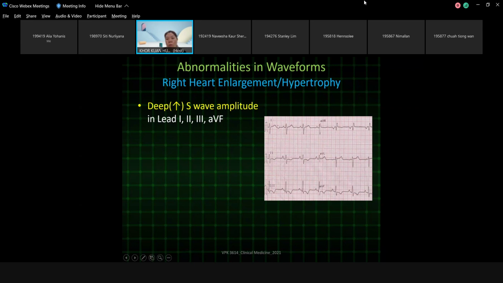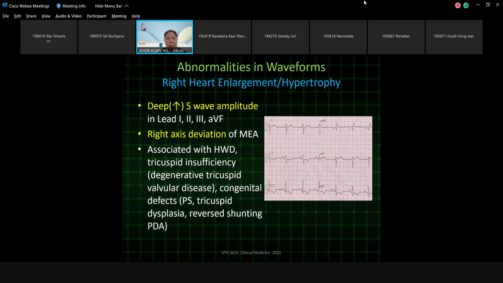But it will be in these other traces also. So when you perform the mean electrical axis, you can do it yourself. Look at lead 1 and lead 3, and when you map it out, it will tell you right axis deviation. So again, this one would be pretty much typical.